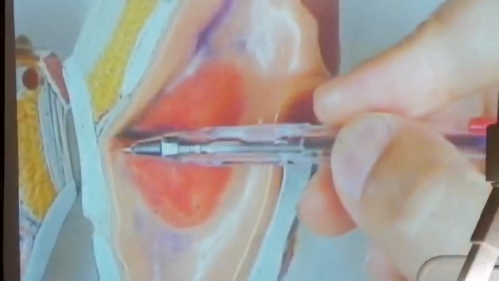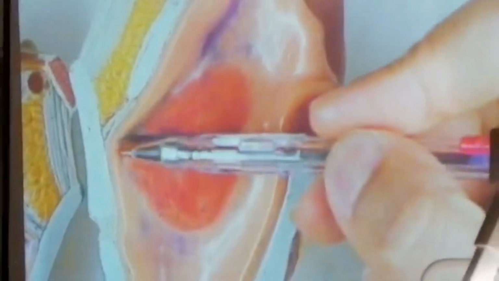This is the vocal ligament, which is the thickened upper part of the cricothyroid membrane, with its overlying mucosa called the true vocal fold or true vocal cord. Okay? True vocal cord or vocal fold.